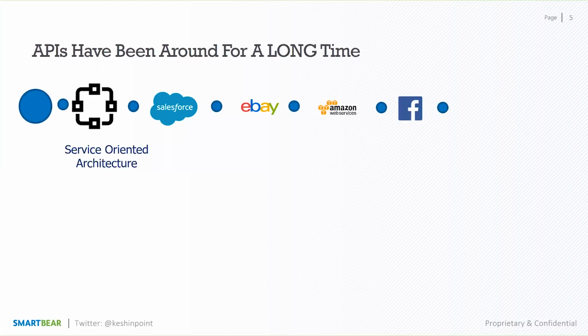And finally, we saw how social media took advantage of APIs to spearhead the platform movement, which allows third-party developers to come in and start building additional services and applications on top of existing use cases and services.